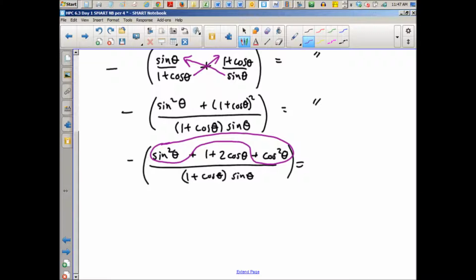Those sine squares and cosine squares never bother us because we have so many identities for those. So that thing is just 1 that I just circled. And now this looks like 1, I'll color code. So that's a purple 1. Plus 1 plus 2 cosine. I'm going to leave this factored.